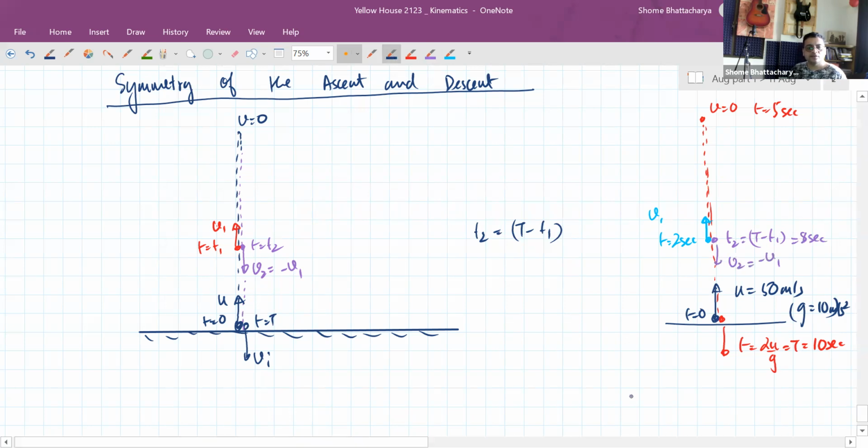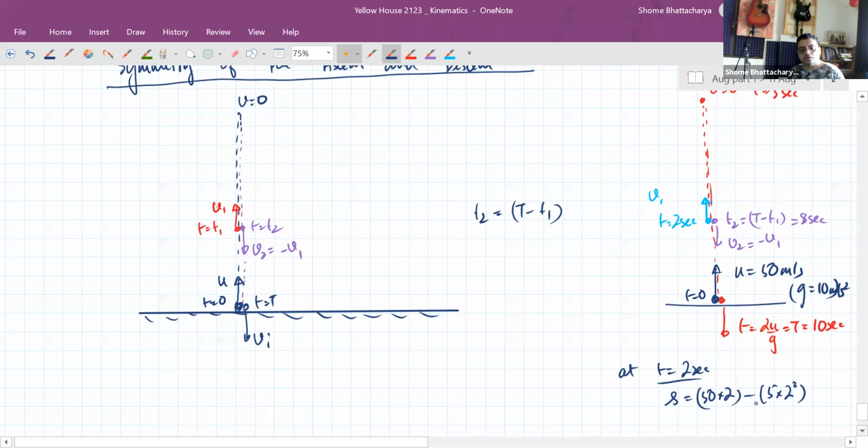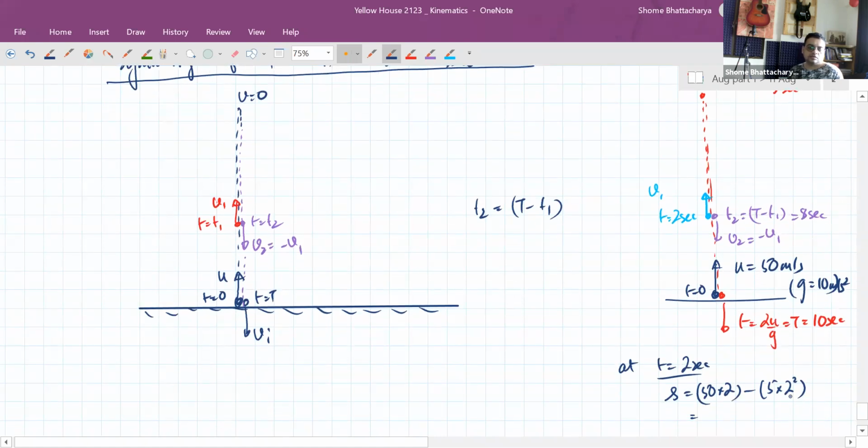So now you can calculate that, for example, at t equal to 2 seconds, the displacement is equal to 50 into 2, that is ut, minus half gt square, that is 5 into 2 square. So that's 100 minus 20, that is 80 meters.